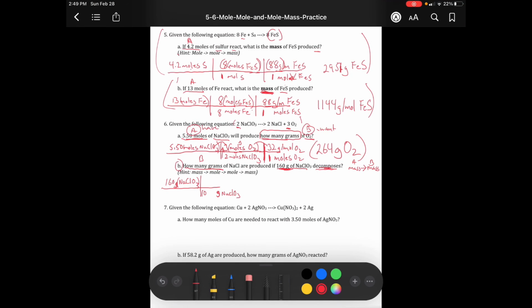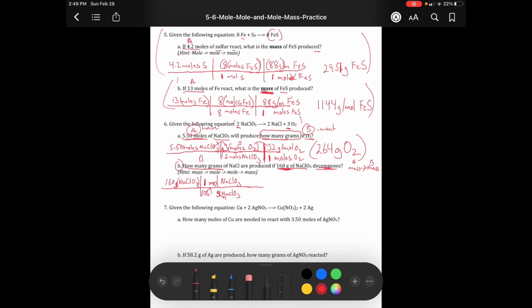So now we have 106 grams per mole right here, and that's going to give us 1 mole because that's how much 1 mole has in grams in it. So now we have 1 mole of NaClO3.